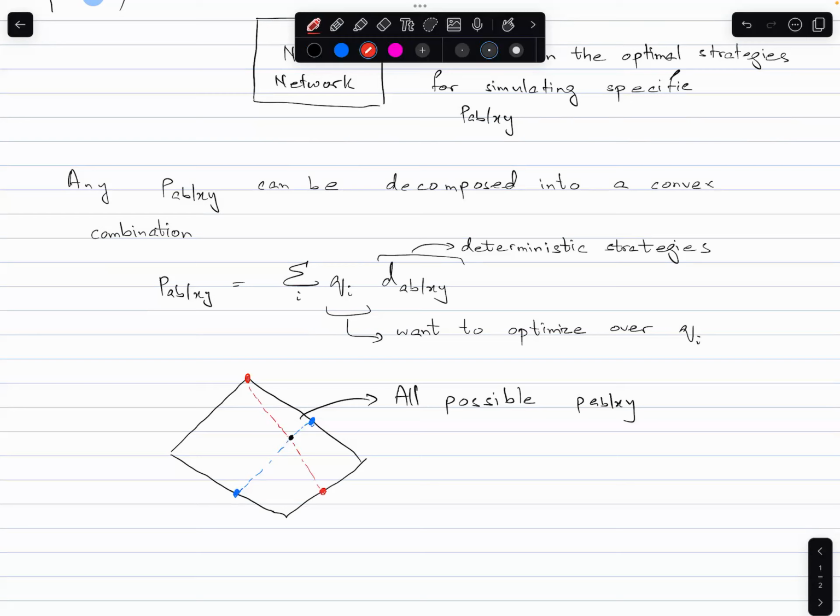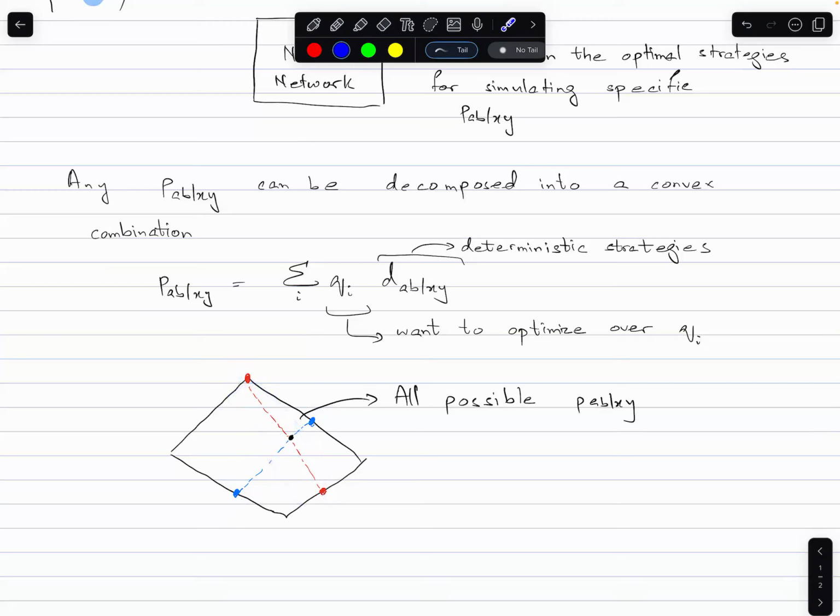And so what you'd be saying is that this black point, this input probability vector, can be simulated or written as a combination of either these 2 points or these 2 points. Now, it might happen that both give exactly P of AB given XY, but let's say these ones end up having a smaller communication cost than these 2. And so this would be the better convex combination to use than this one.